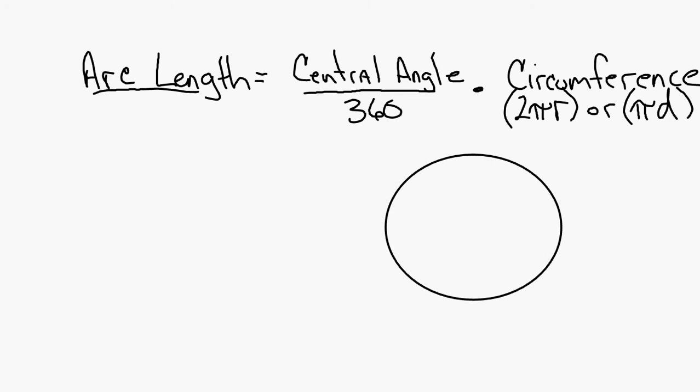Here's the center of this circle. We got X, Y, and Z. This central angle is 75 degrees. This radius is 4.